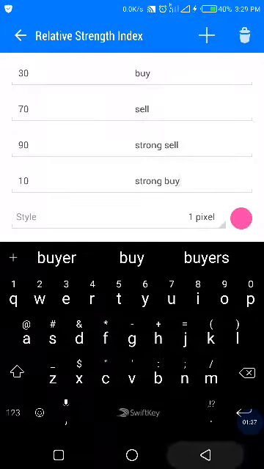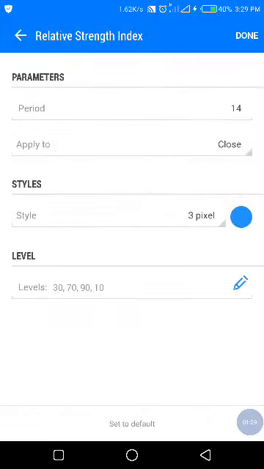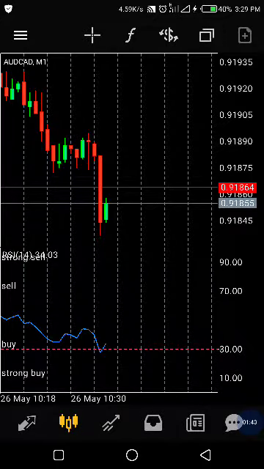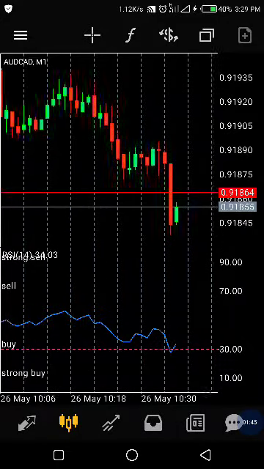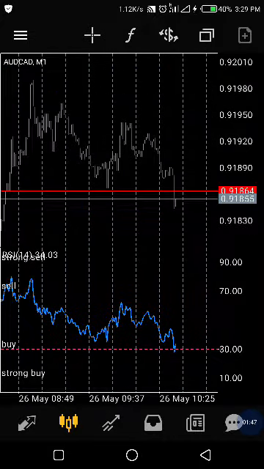All right, so these are the levels we'll be using. Then back, okay, then done. This is how it would look like.